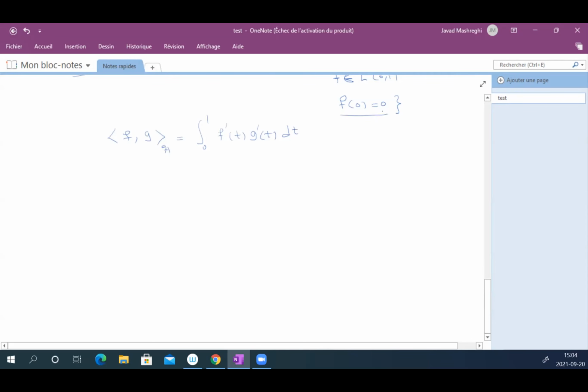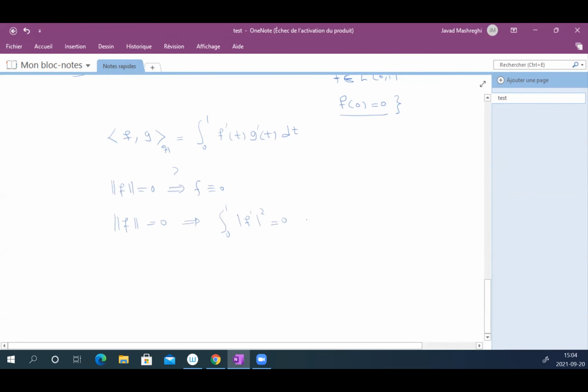The only thing which might be suspicious is that if the norm of f is equal to 0, can we conclude that f is identically 0? This is really the case, because if the norm is equal to 0, then the integral from 0 to 1 of f prime squared is equal to 0.